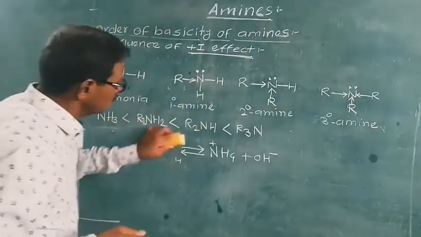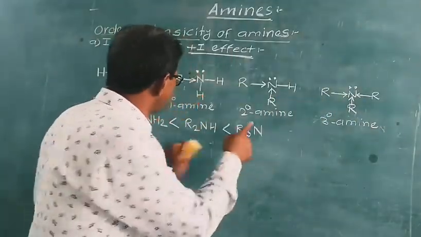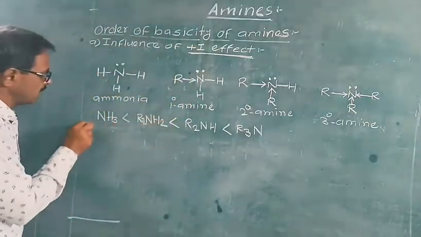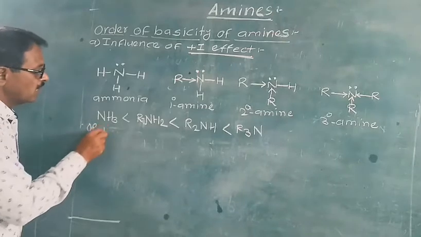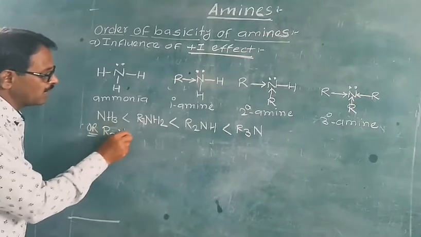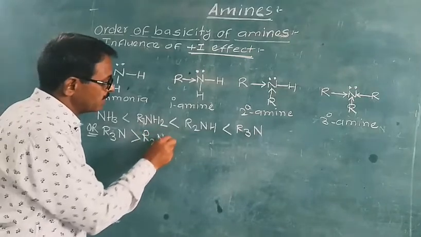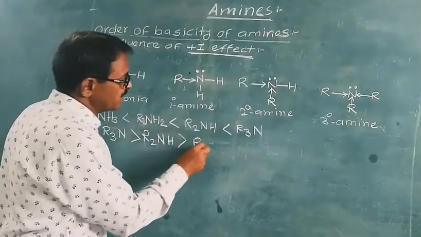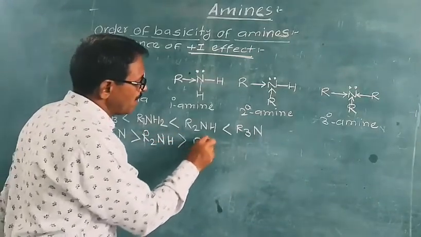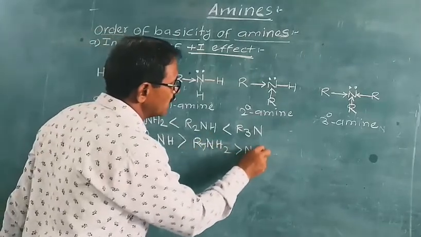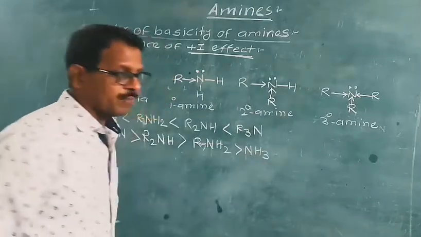Or we can write the same order as a decreasing order of basicity. Tertiary amines R3N are more basic than secondary amines, and secondary amines are more basic than primary amines RNH2, and they are more basic than ammonia.